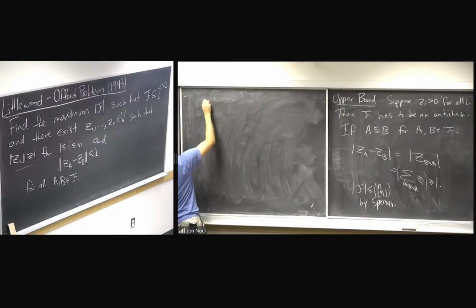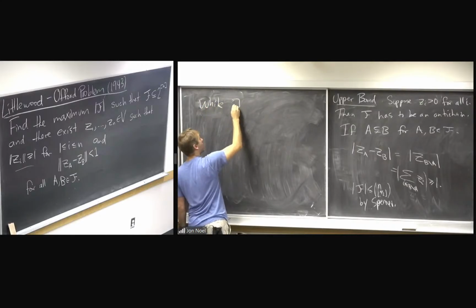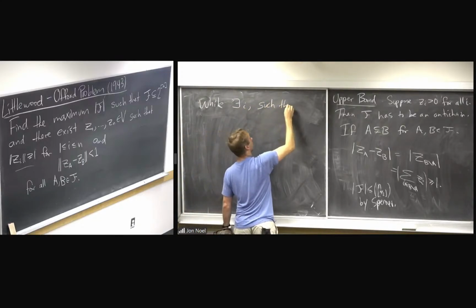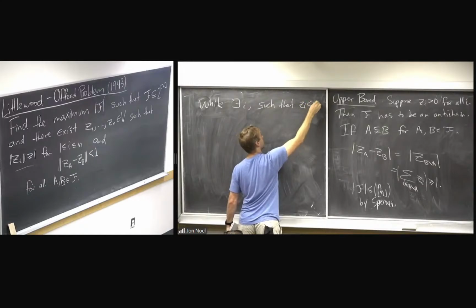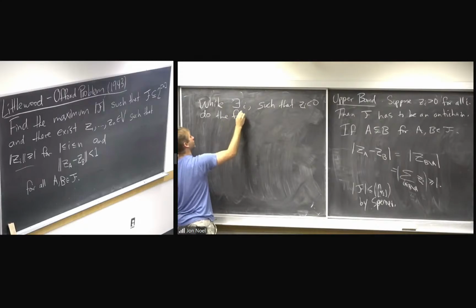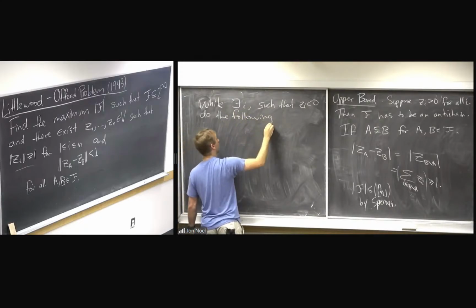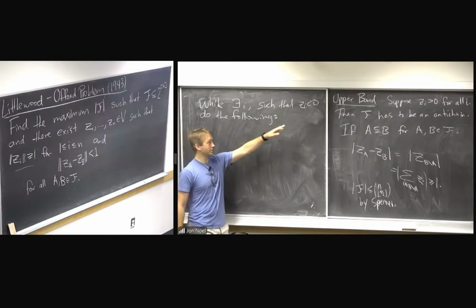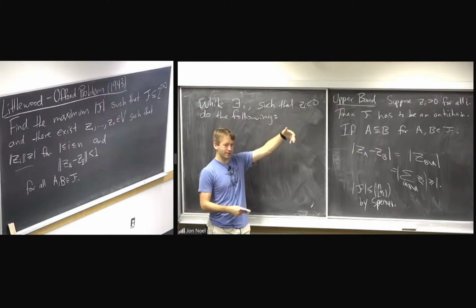So now suppose there are some negative numbers. While there exists an i such that Z_i is negative, do the following. I modify the family: I'm going to replace Z_i with its absolute value to make it positive.